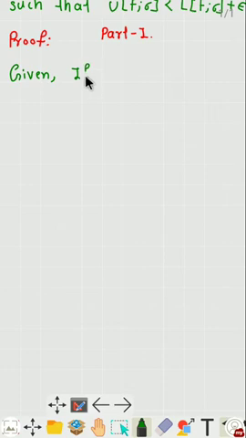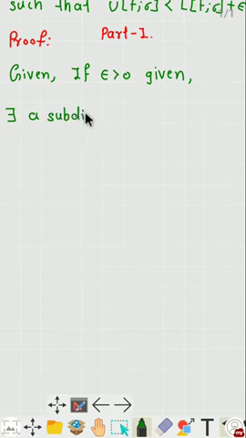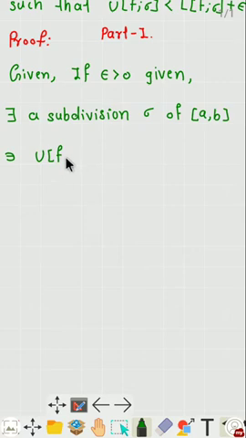If epsilon is greater than 0, it is given there exists a subdivision sigma of the closed interval [a, b] such that the upper sum of function f with respect to subdivision sigma is strictly less than the lower sum of function f with respect to subdivision sigma plus epsilon.